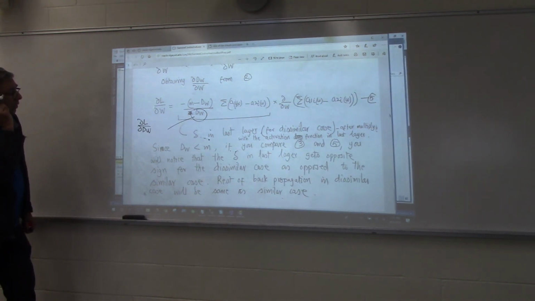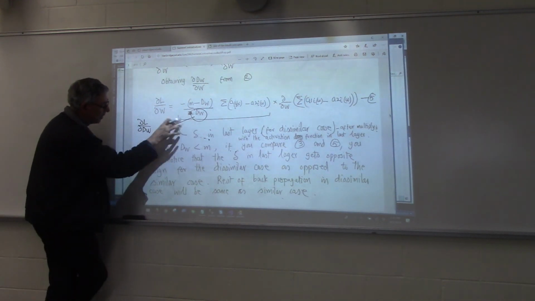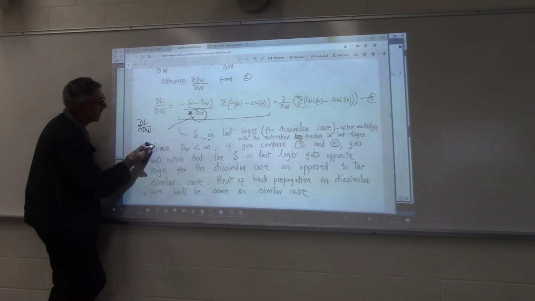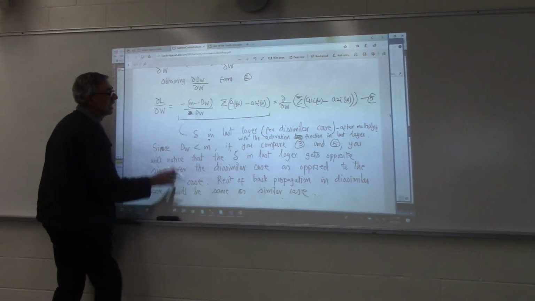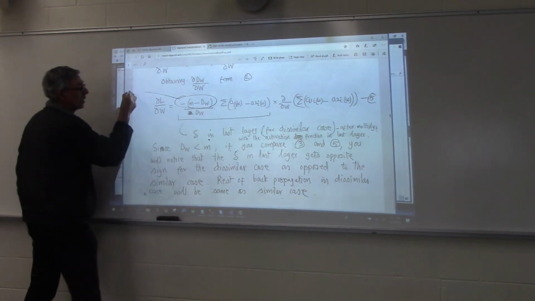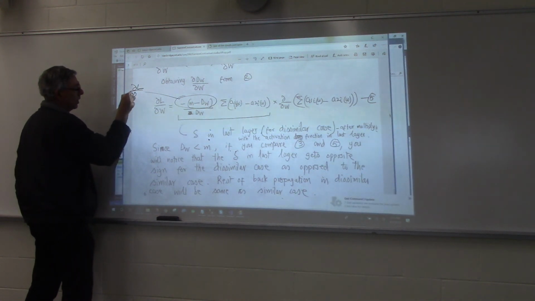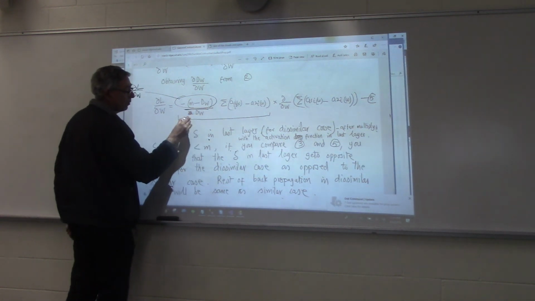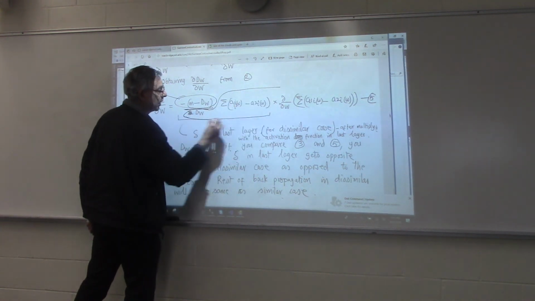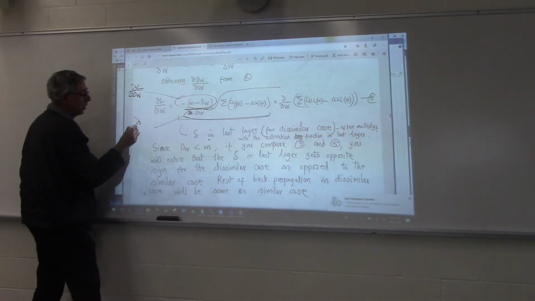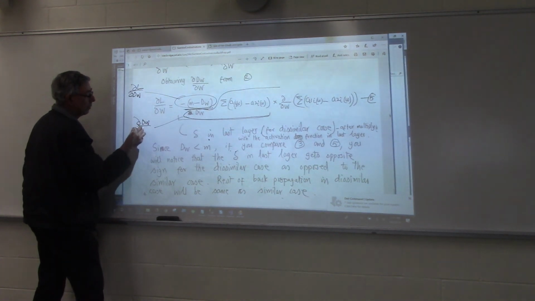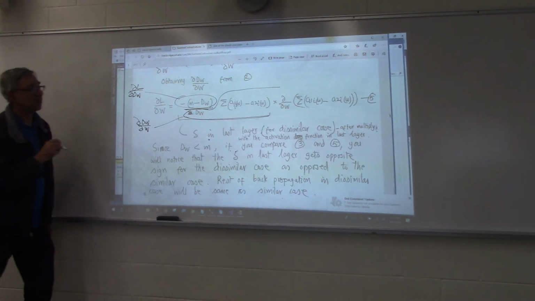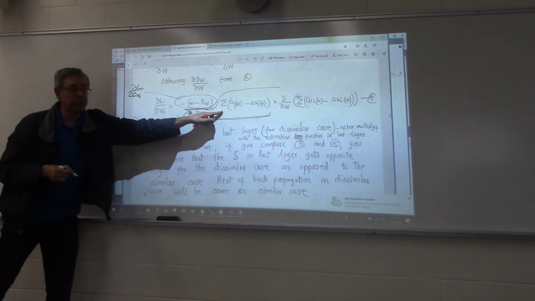This part over here is partial dW by partial L over partial dW, as we just did a minute ago. Then this part over here, all of this is partial dW over partial W. So this is the same as before.